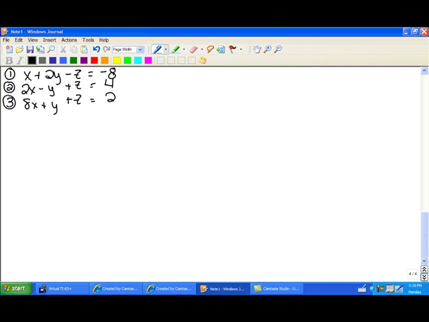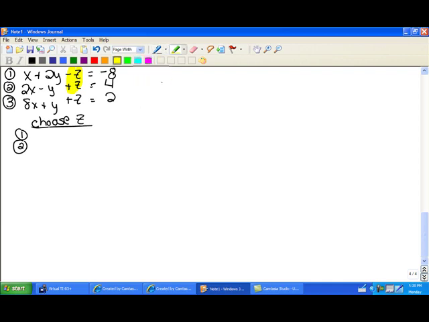The next thing we do is choose a letter to eliminate. I see that my z's all have the coefficient of 1, so I think the z's would probably be the easiest. I'm going to choose the letter z to eliminate. If I just copy down 1 and 2, I will notice by looking at those z's, a negative z and a positive z will cancel each other out.